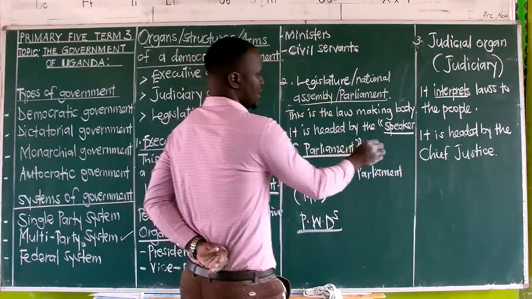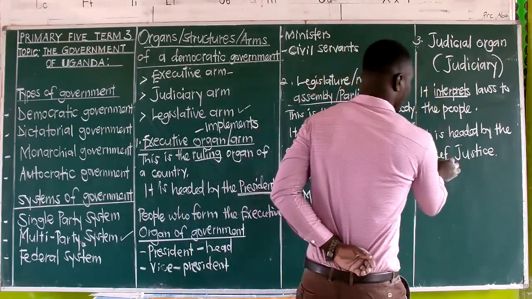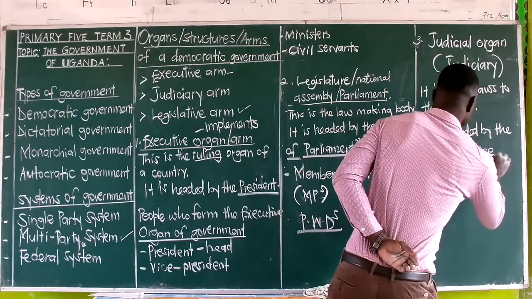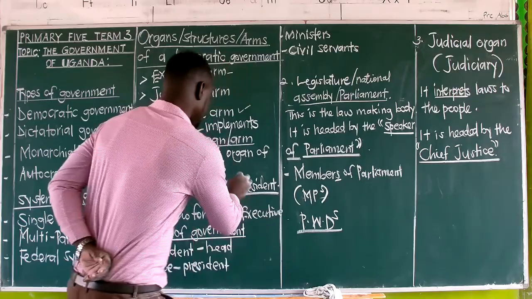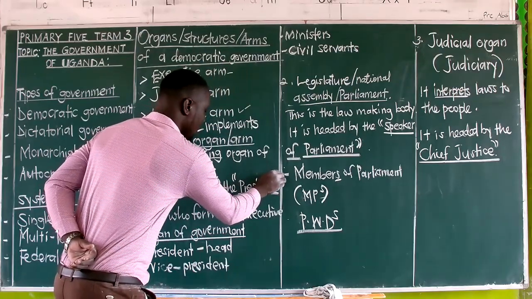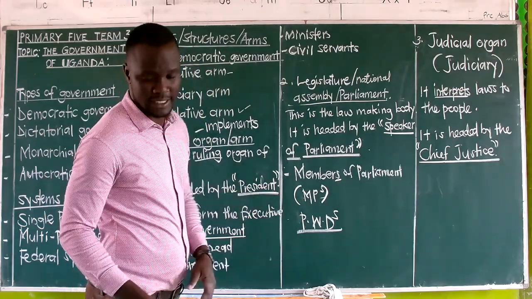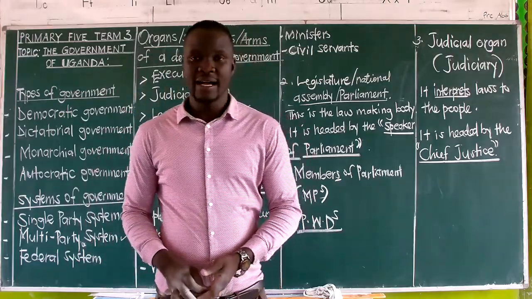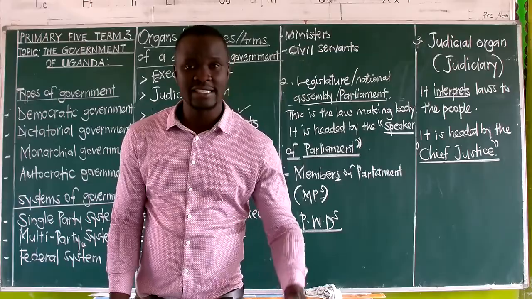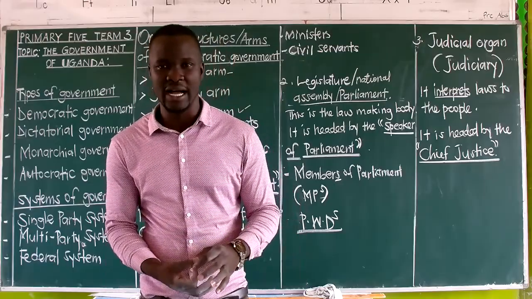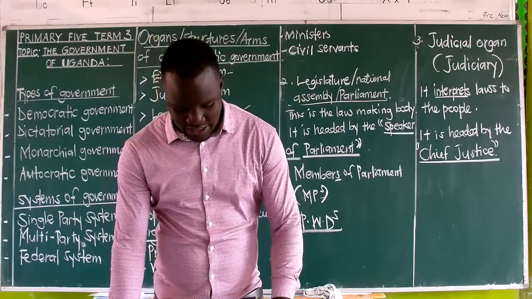Now the last one, we are talking about the judiciary. We are saying it's headed by the Chief Justice. So these are the things that we are supposed to really put our emphasis on, and we don't forget them. However, we also have the Chief Justice having someone who deputizes him or her. That is the one we call the Deputy Chief Justice.